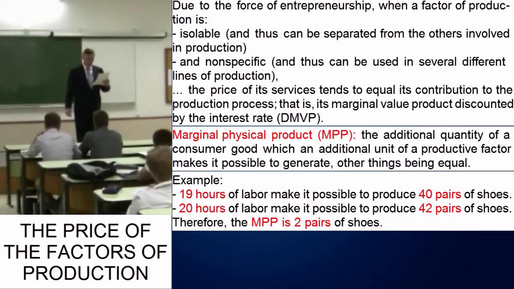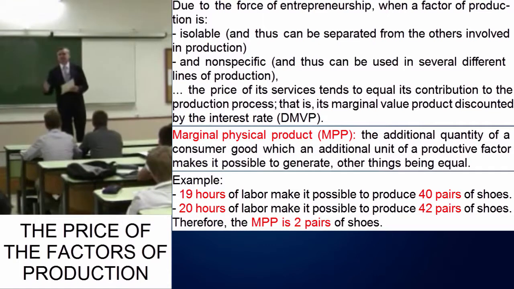Imagine that 19 hours of a shoemaker's labor permit the production of 40 pairs of shoes. Now, imagine that one additional or marginal hour, 20 hours instead of 19, will enable us to produce 42 pairs of shoes. The marginal physical product in this particular example is 2 pairs of shoes.